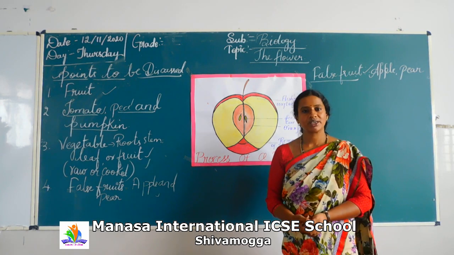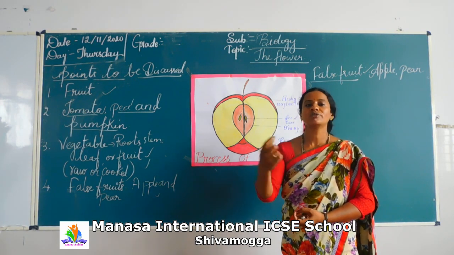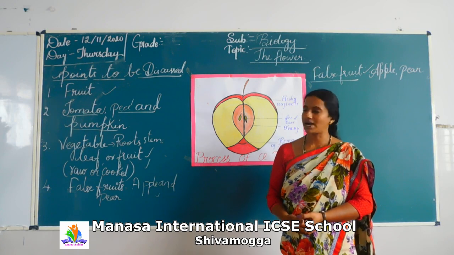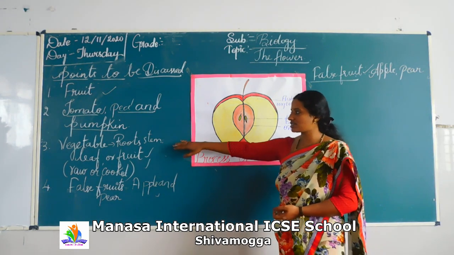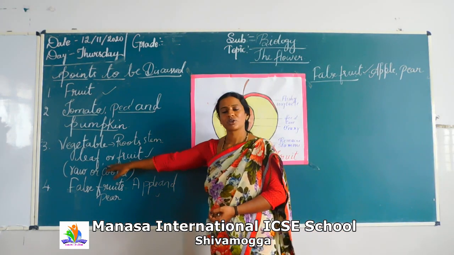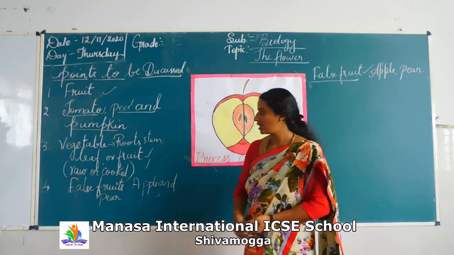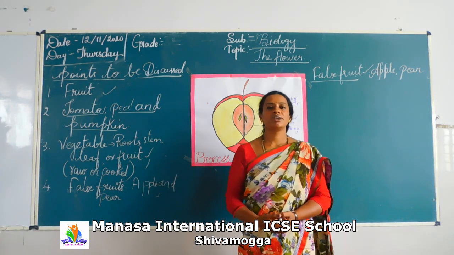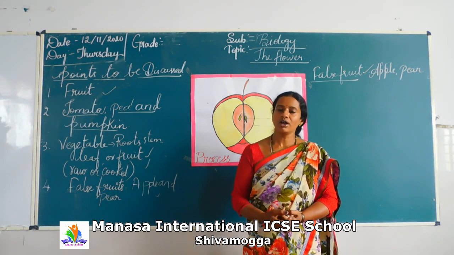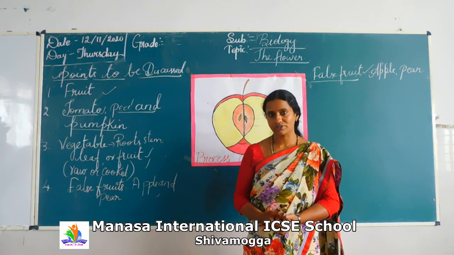What is a vegetable then? If any edible part is developed from parts like root, stem and leaf, even fruit, they are considered vegetables. A few vegetables can be eaten raw and some are cooked.